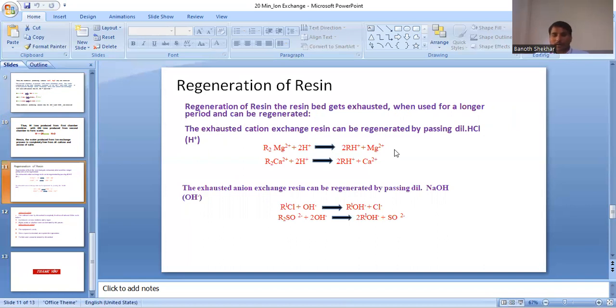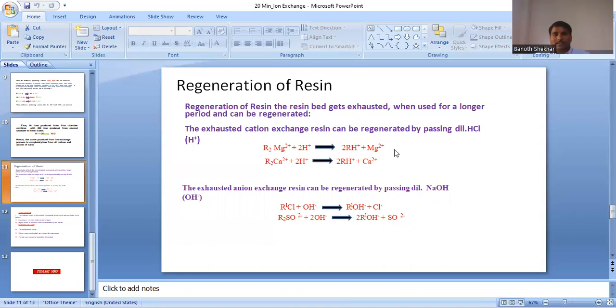But when we continue doing this process, the resins or membranes may exhaust, meaning they become inactive. So to activate those resins again, we do some washing. That washing we call regeneration of resins.